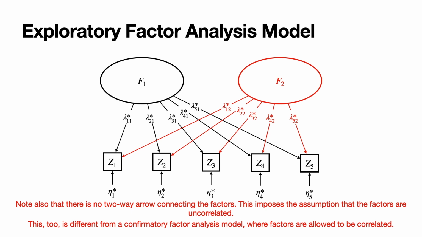In the example of a confirmatory factor analysis model that we've seen, we had two-way arrows between each pair of factors, and that's in general what is allowed. Now, a particular hypothesis or research question to be checked may impose a constraint of zero correlation between factors, but the confirmatory factor analysis model itself, in general, allows non-zero correlations between factors.